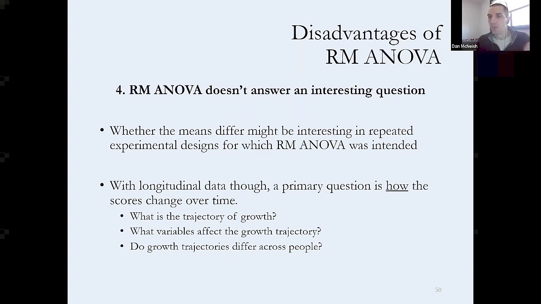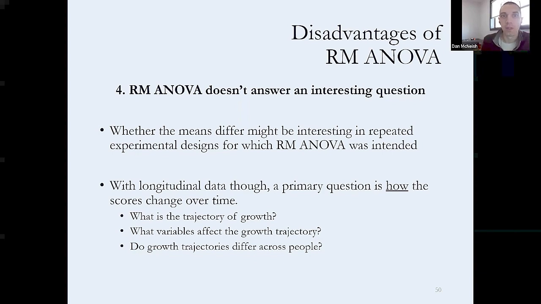And the last point here is something we alluded to before: the question that repeated measures ANOVA asks might not be interesting to the question that you may have. In a lot of statistical modeling, the focus is on trying to find a model that matches your research question. Repeated measures ANOVA sometimes works in the opposite direction, where it boxes people into questions that they may not have.